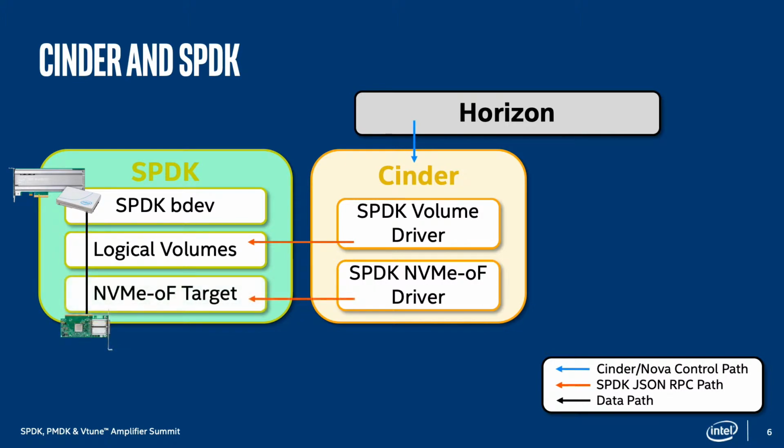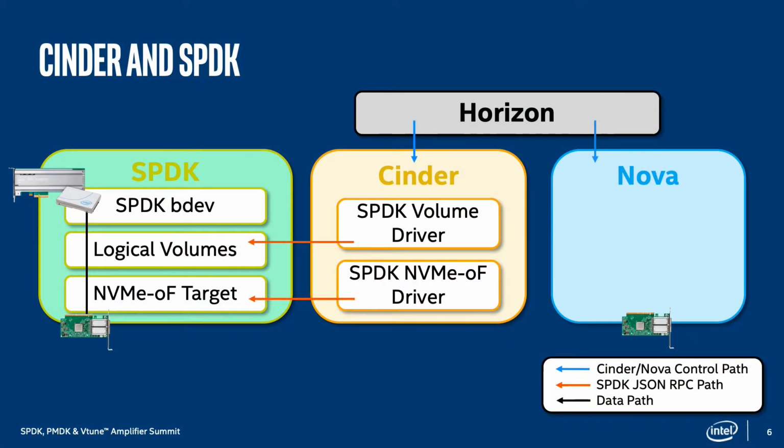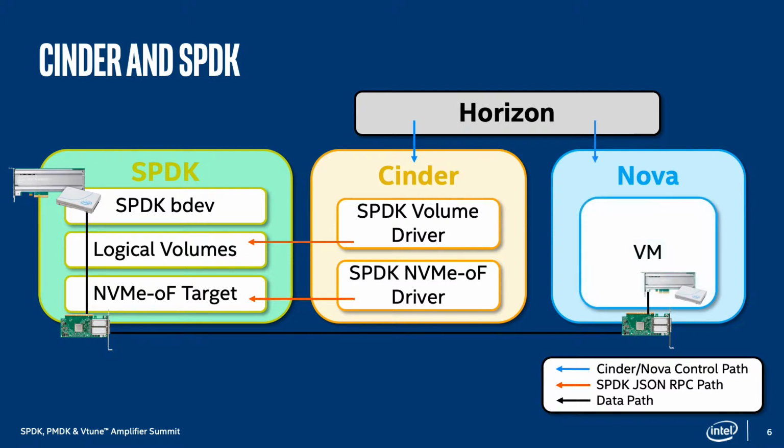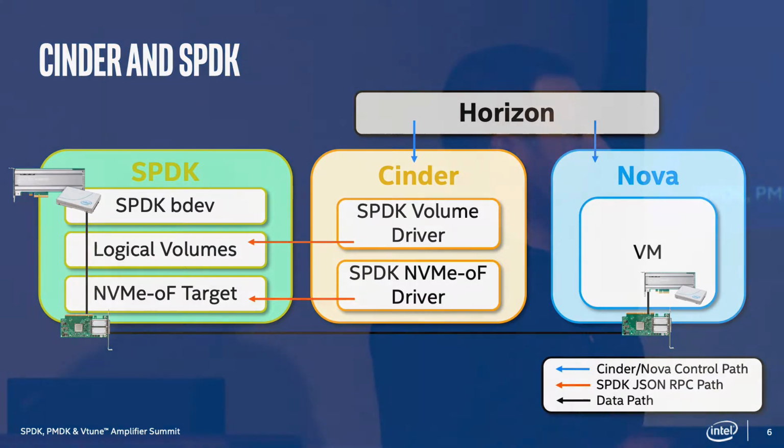The second, the SPDK NVMF driver, is used to manage the NVMF target on the SPDK side, to create subsystems, attach volumes as namespaces, and expose them to Nova. Now we can use Nova to create VMs, and that VM will use a kernel initiator to connect to the SPDK NVMF target and attach the volume.